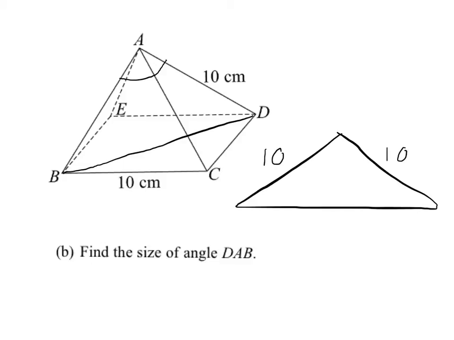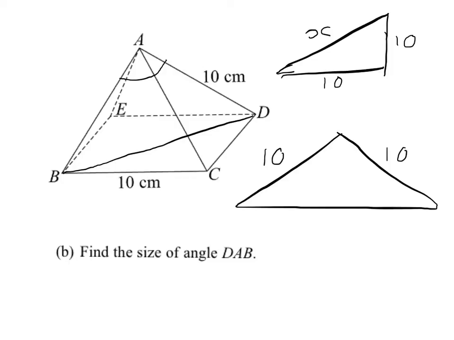So if I trace out the right angle triangle, because this is a square base, then the triangle BCD is right angled. So I will draw that here. And what we know about this particular triangle is we know that the hypotenuse is BD, that's what we're trying to find out. We know the two lengths are 10 and 10.